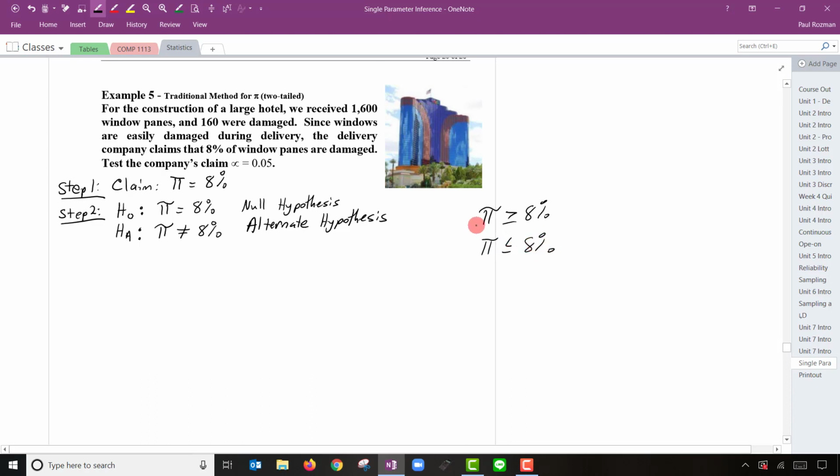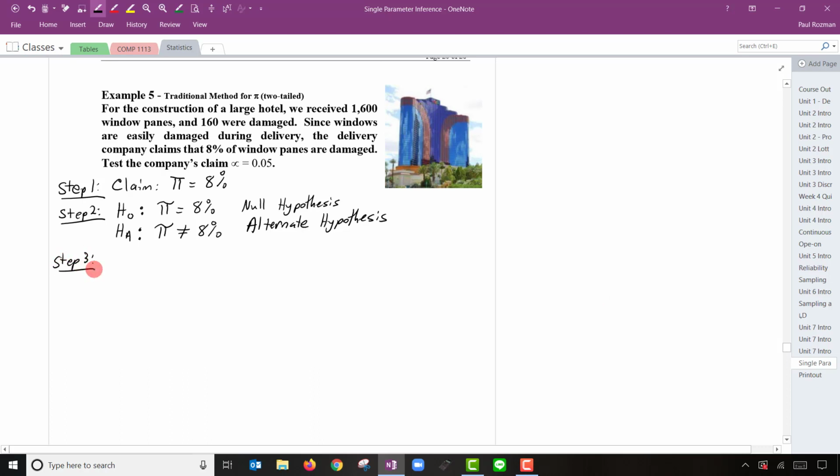If they did, these would be H0s. But if they had claimed pi was greater than 8%, then I would have written that as HA. So again, I put this in our summary document, but I just wanted to point it out now. I don't want to get too wrapped up in this.